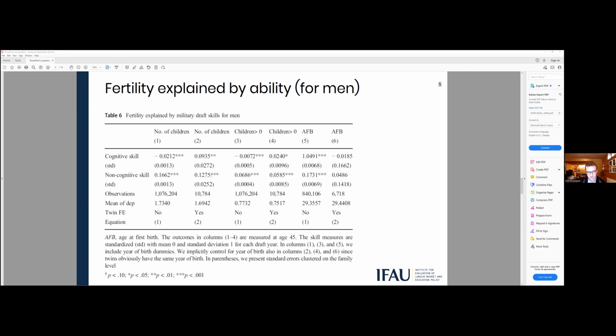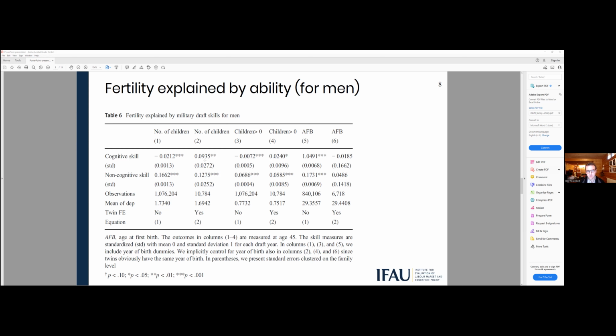So it's still a very positive association, but it gets a little bit less so when we estimate it within family. And you can also see that the effects of cognitive skill and non-cognitive skill are sort of harmonized when we estimate it within families, so that they become more similar in how they relate to the number of children.